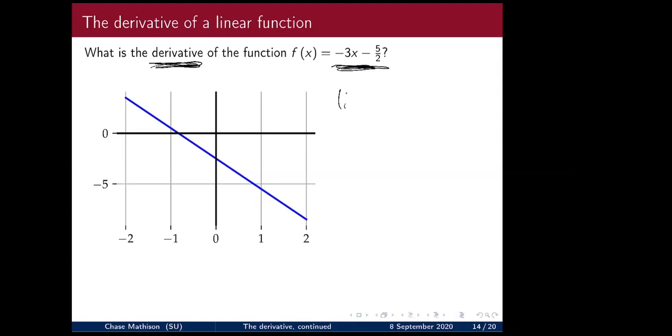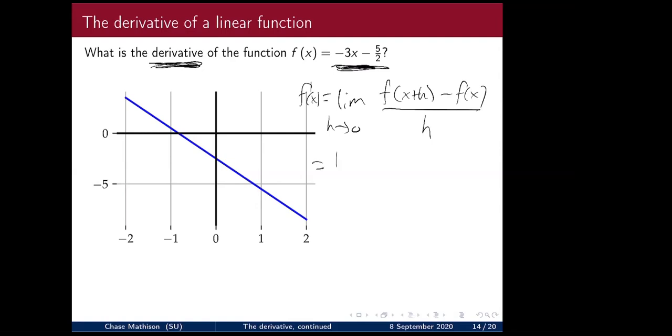Let's see if that's true, and then we'll head out. The limit as h approaches 0. Again, I'm trying to find f prime of x. So this is the limit as h approaches 0 of f of x plus h minus f of x divided by h.